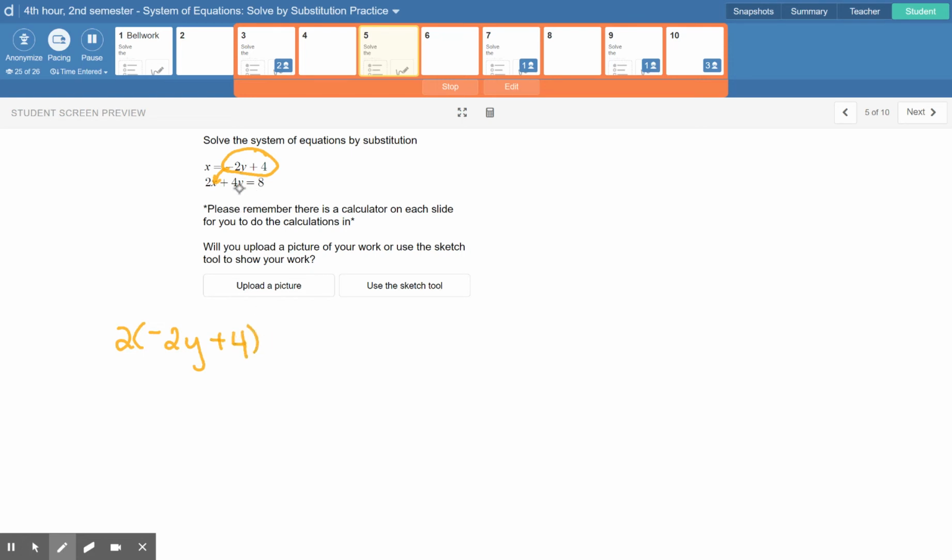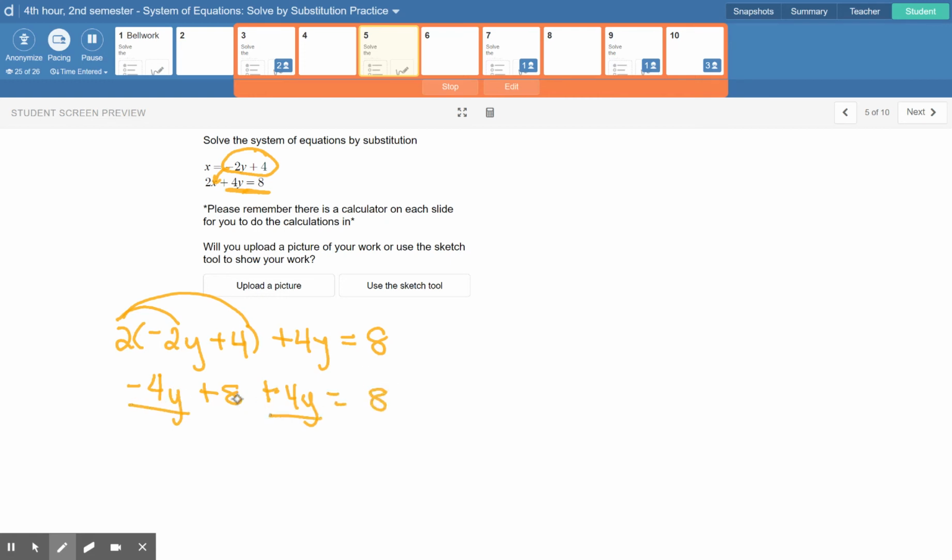Please be careful here. We have this plus 4y that needs to be outside of the parentheses, and this equals 8 also needs to be outside the parentheses. So you want to make sure that you are writing everything that is in the problem. So then we have negative 4y plus 8 plus 4y from the original problem equals 8.